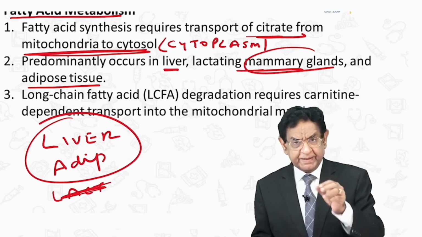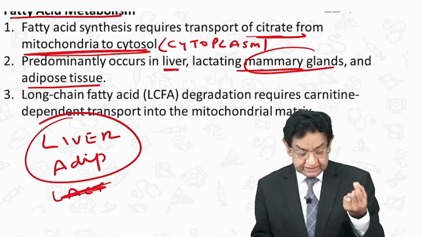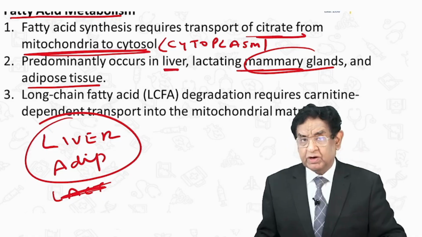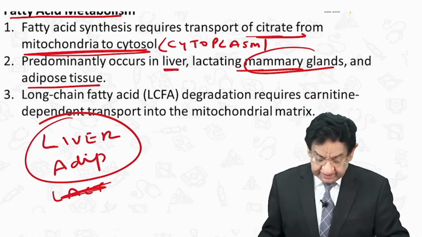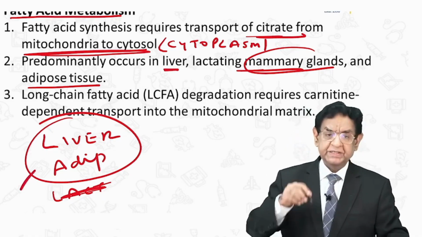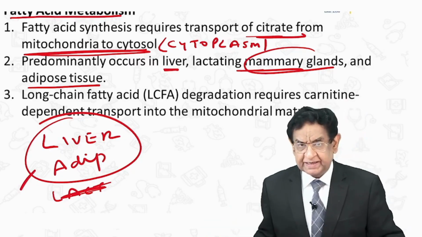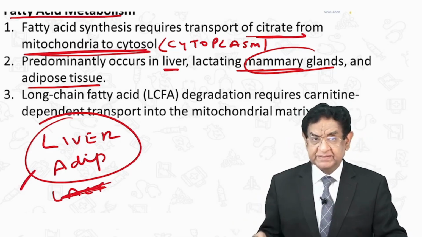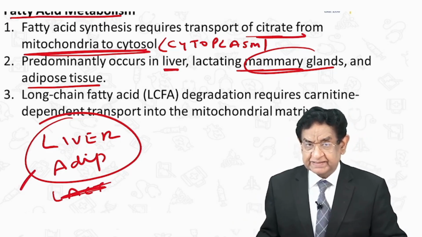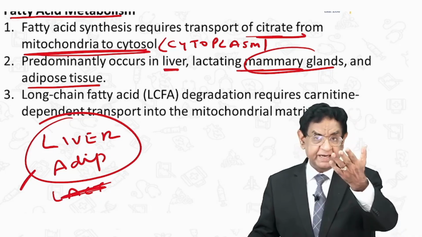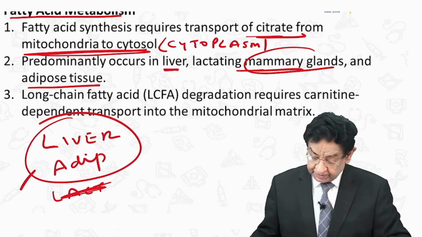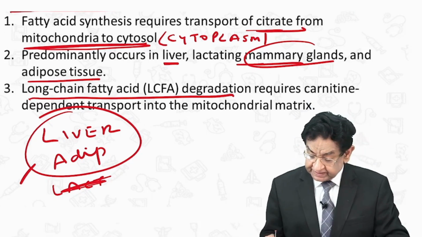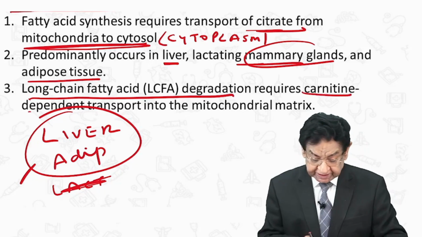So again, making a summary, fatty acid metabolism occurs primarily in two organs, liver and adipose tissue. I'll talk about this in great detail in part 2. But at least you got the basic concept clear that the site of fatty acid metabolism is liver and adipose tissue. Okay.